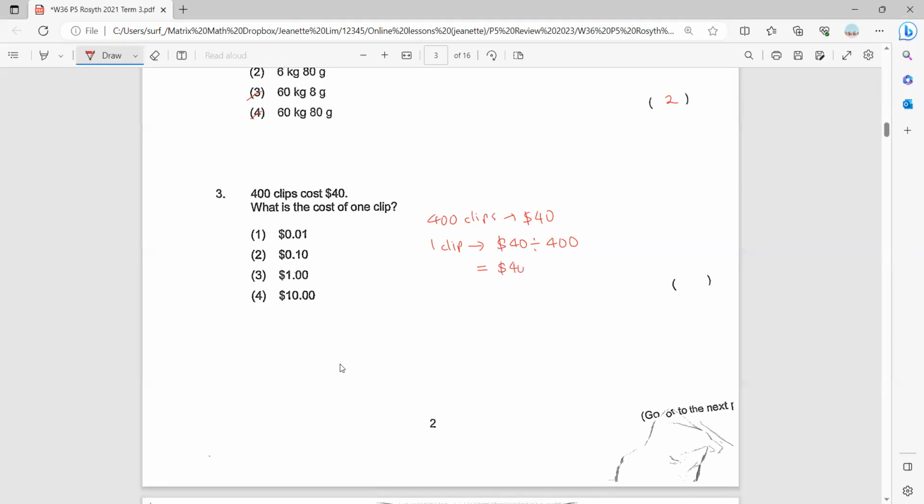You can divide by 4 first, then divide by 100. So this is $10 divided by 100. If you divide by 10 it is 1. If you divide by 100 it is 0.1. So 10 cents. Okay, so it's 2.